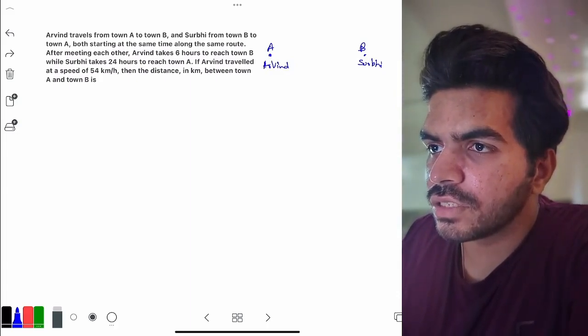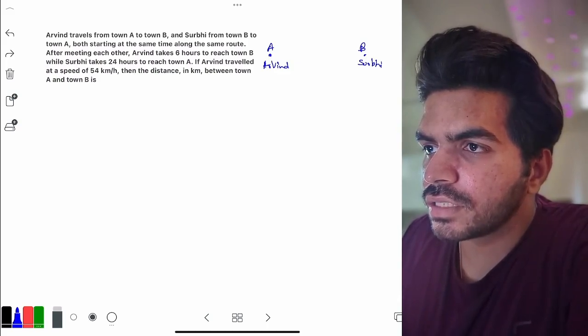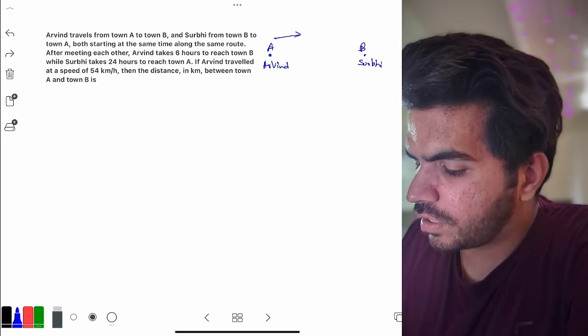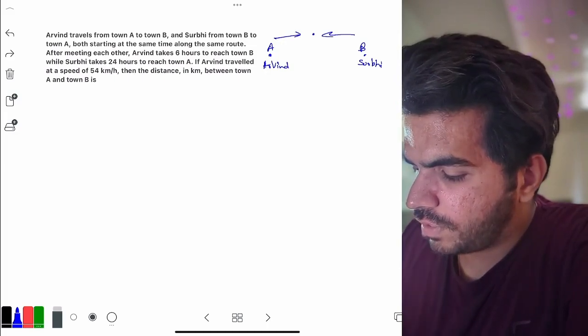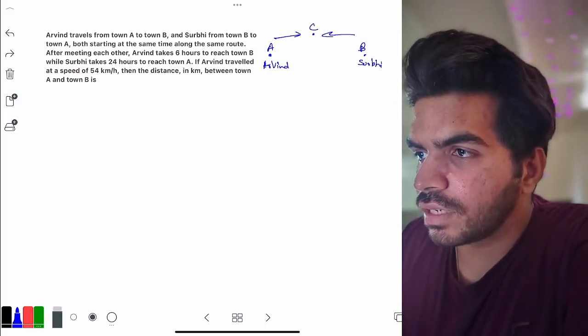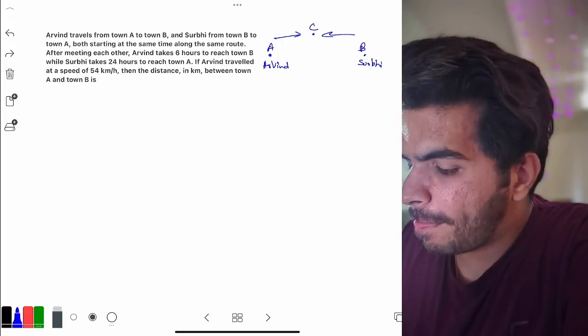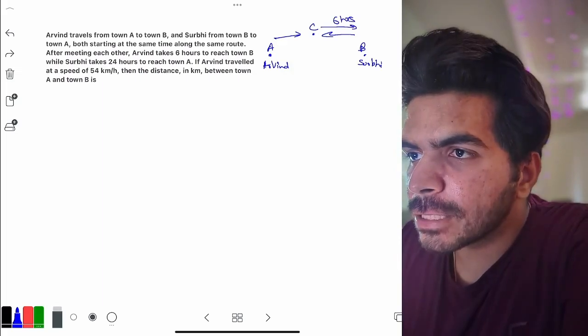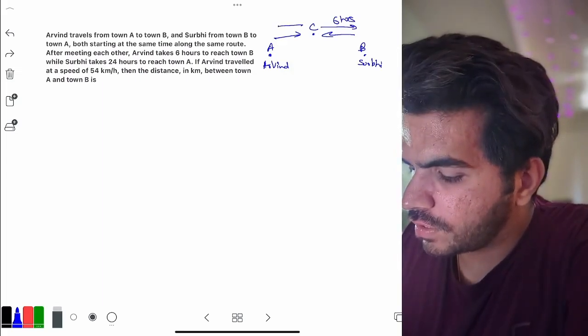After meeting each other, Arvind takes 6 hours to reach B. Okay, so they both start walking, and let this point be where they both meet. Arvind takes 6 hours to reach here, and Surbhi takes 24 hours after this.